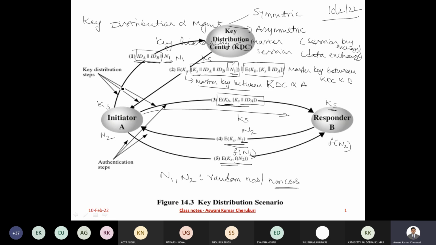We also discussed yesterday that KS is the session key. With hierarchical key control, you have the master key and the session key. Remember, when you have the KDC, the master key generally exists between the nodes and the KDC.